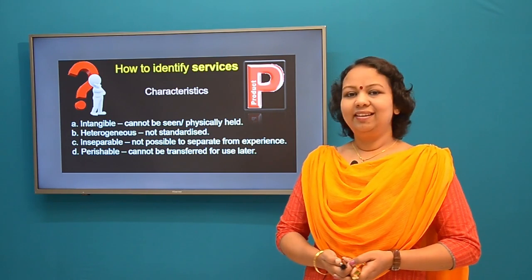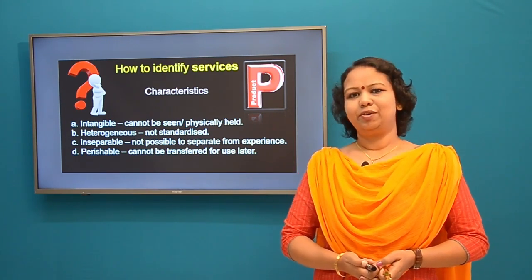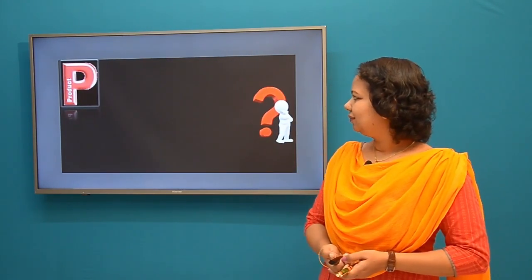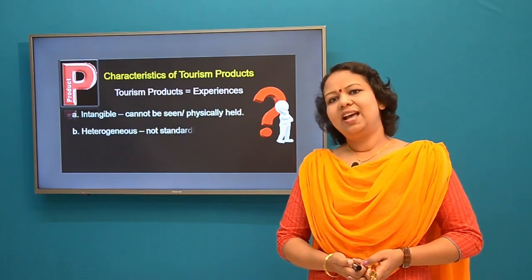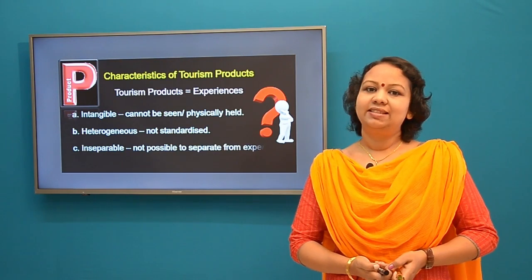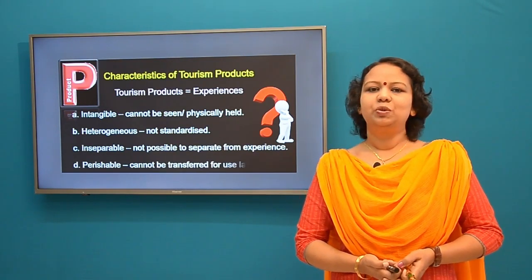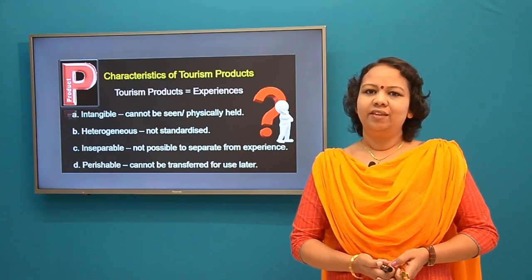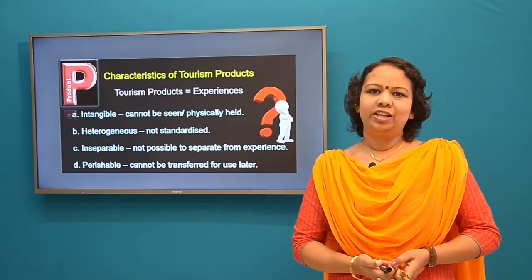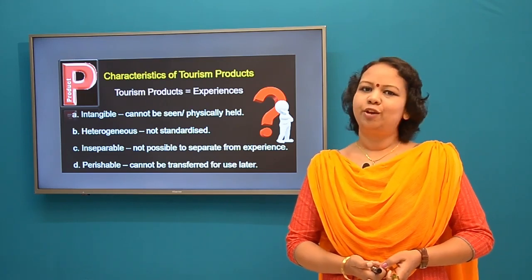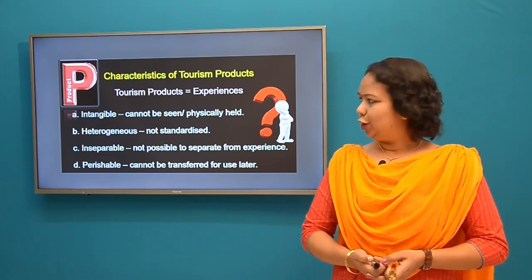Now let's see our product, the tourism product. Tourism products have the same characteristics as services because we are also selling experience. When a guest stays in a hotel room, they are not physically getting any product, but they are getting the experience of staying in that particular room.